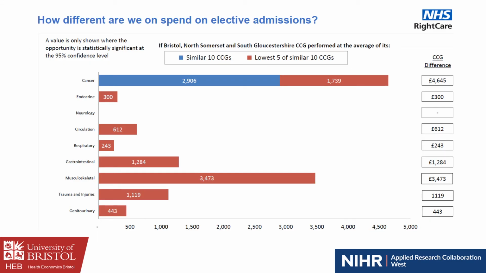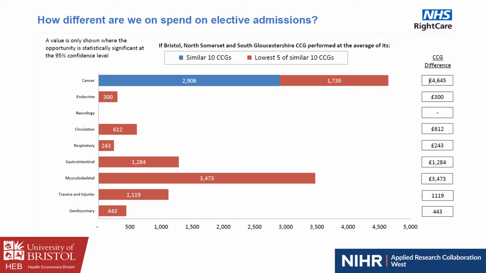So, for example, if the spend on cancer elective admissions, the top row shown here, is significantly greater than the average spend for the 10 comparator CCGs, this is identified as potentially unwarranted high activity, for which the difference is expressed as a possible saving. It's worth noting that the scale here is in thousands of pounds.